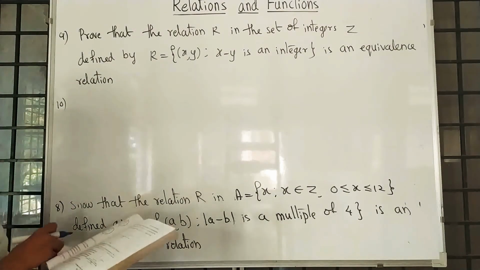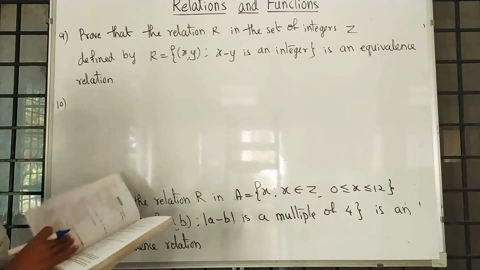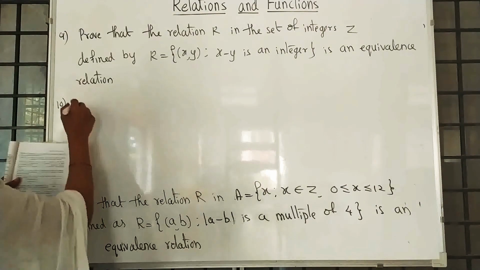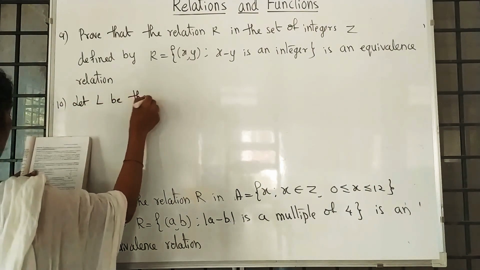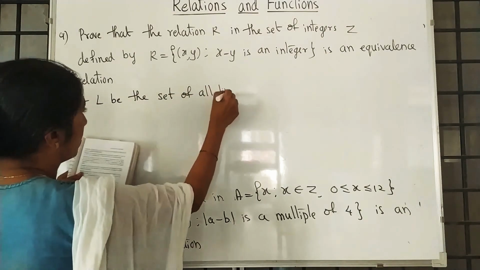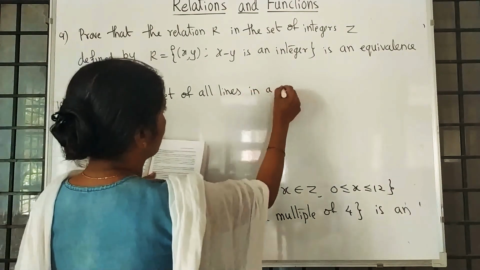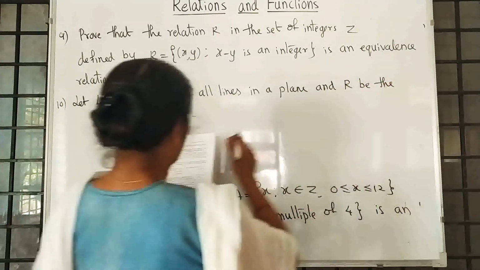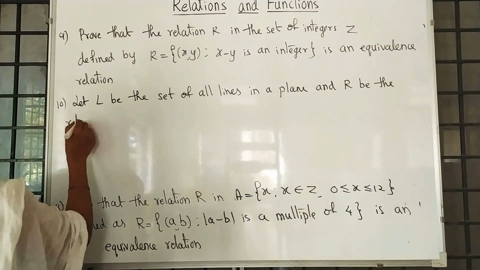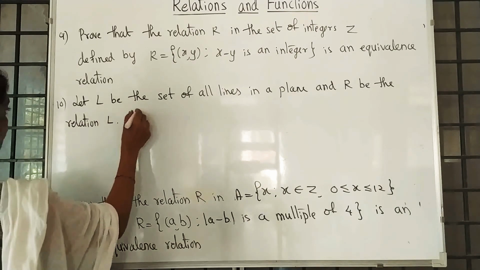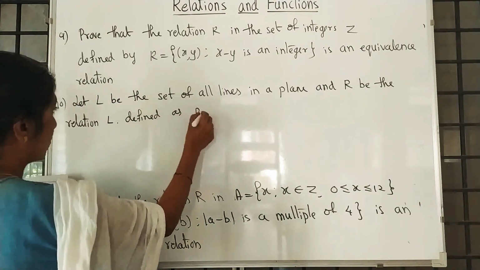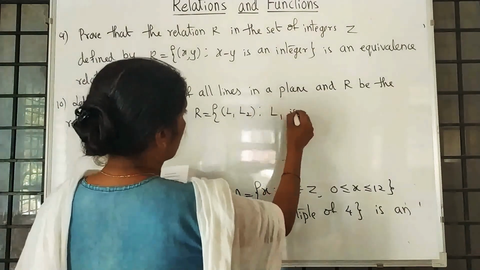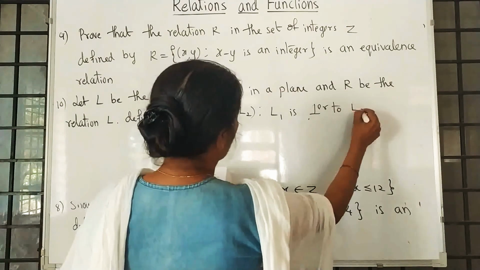In the 10th one, let L be the set of all lines in a plane and R be the relation in L defined as R is equal to L1 comma L2 such that L1 is perpendicular to L2.